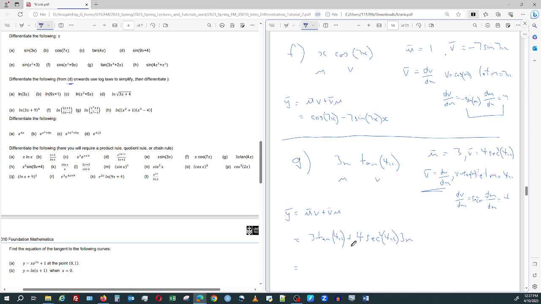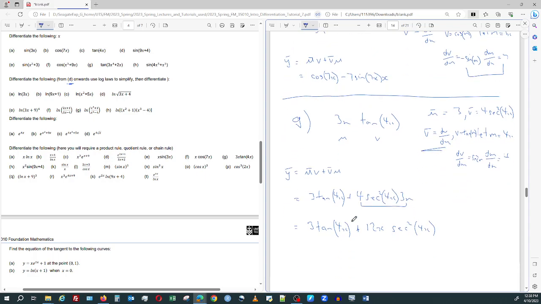So it's finally that pair: 3 tan 4x plus 12x sec squared 4x. So that's it. That's where we've gotten to. Alright, so I think I'll call it there, and I'll be back in the next round. See you soon.